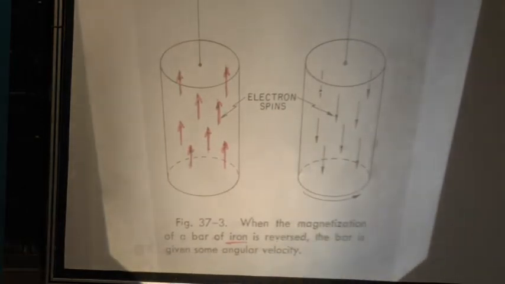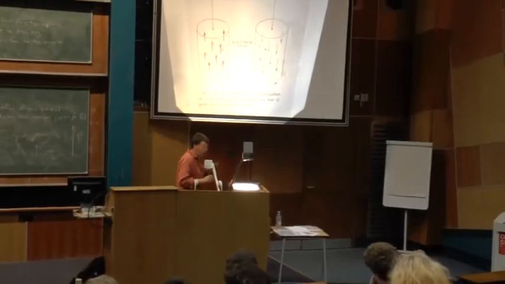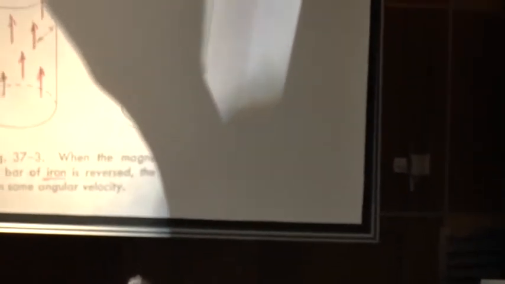And this will give us, obviously, a large net magnetic moment. All the magnetic moments are parallel to each other, and a bar of iron does have a large magnetic moment. And because it has a large magnetic moment, this must correspond to some kind of angular momentum.